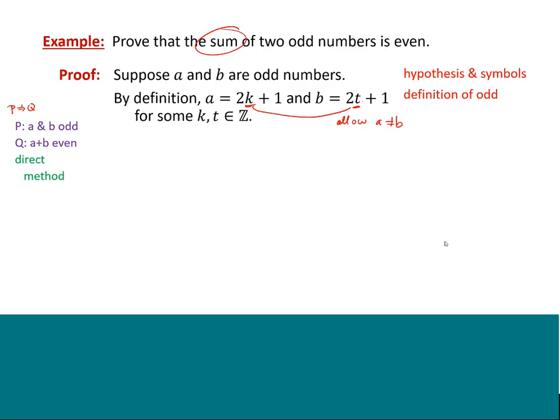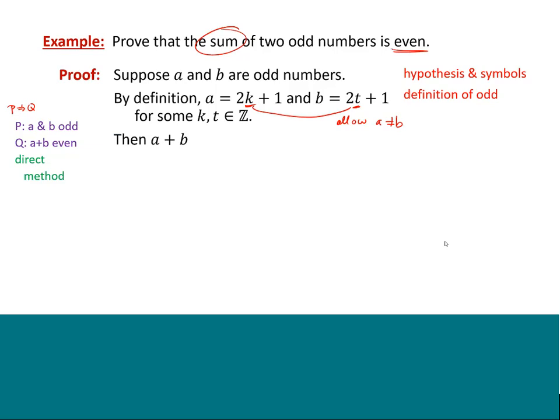Now, once you've got some symbolic expression for integers or odd integers A and B, you start looking towards your conclusion. And remember what your conclusion is. You were looking for your sum to be even, okay? So the next thing you can say is, hey, let me go ahead and actually look at this sum.